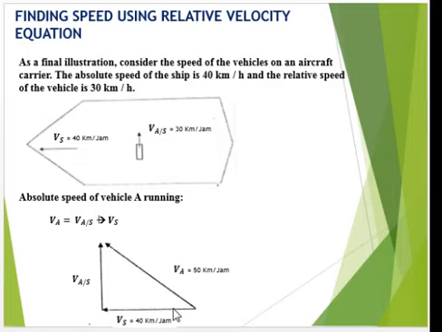For the ship velocity, we can draw the x-axis direction like this. And then we can calculate the velocity of our vehicle: VA equals velocity of the aircraft or vehicle relative to ship plus velocity of the ship.